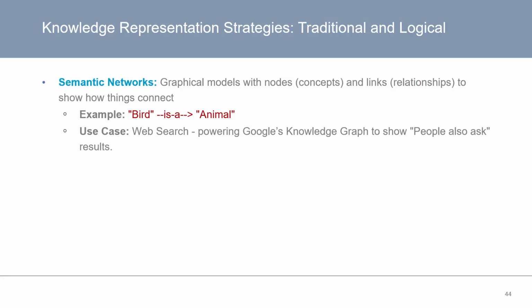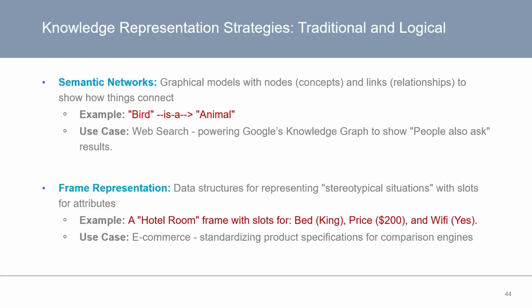These are graphical models with nodes as concepts and links capturing relationships to show how things connect. For example, the concept of a bird is an animal. A use case might be in web search, for example, powering Google's knowledge graph to show people-also-ask results. Fourth, we have frame representations, which are data structures for representing stereotypical situations with slots for attributes.